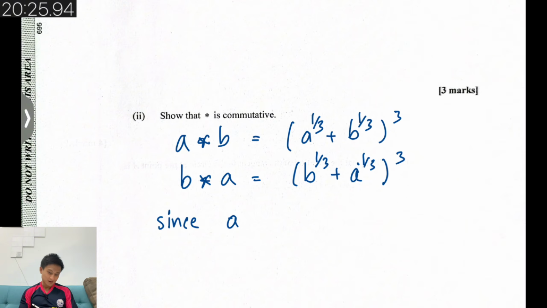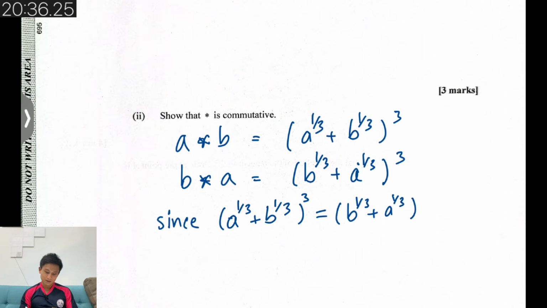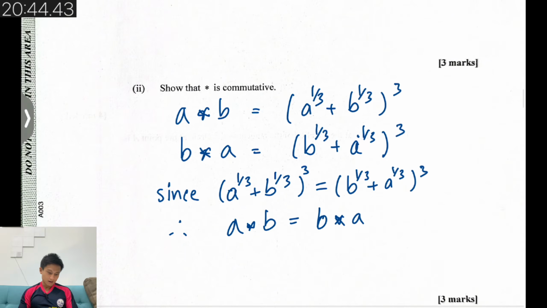So I'm going to take my chances here. Since that plus that is the same as that, with the power 3 there, plus that, therefore a asterisk b equals b asterisk a, and asterisk is commutative.